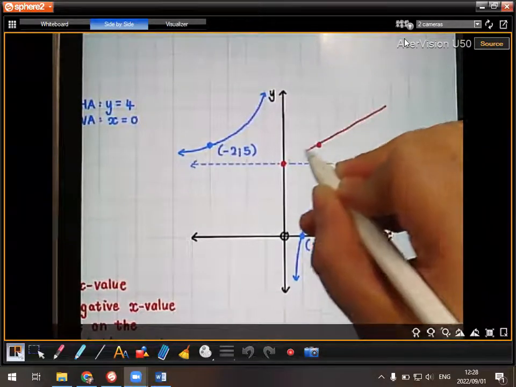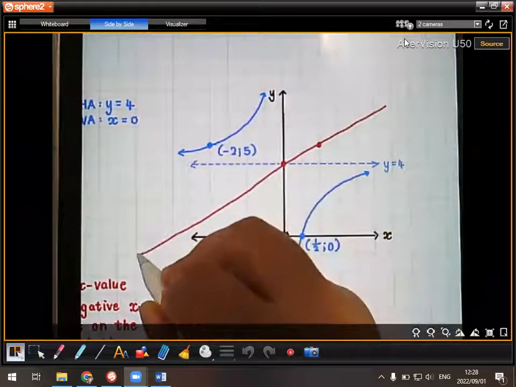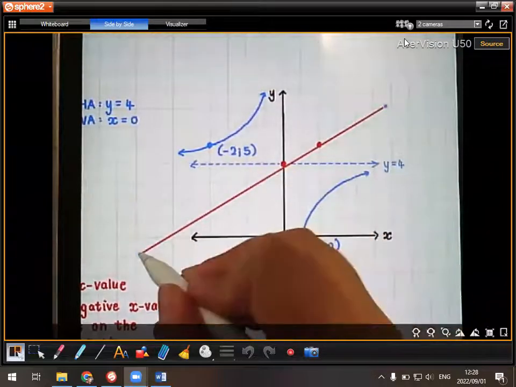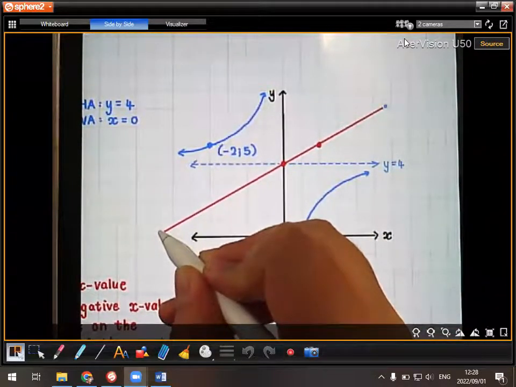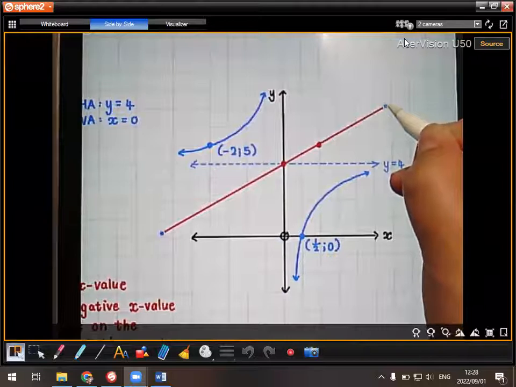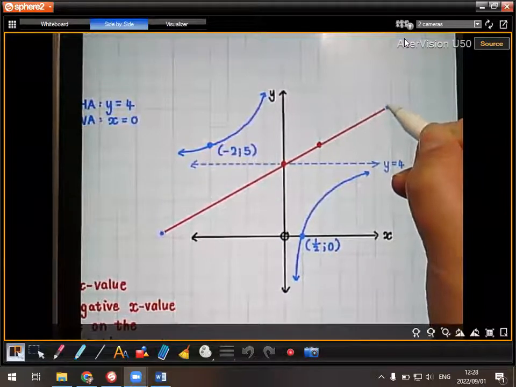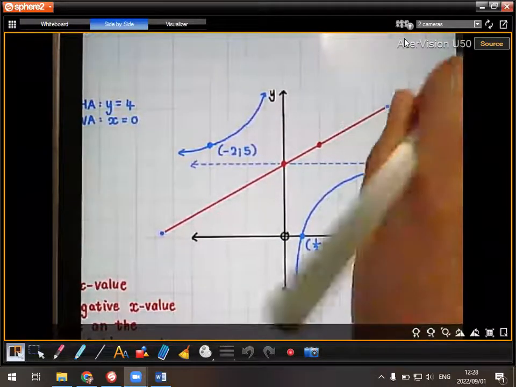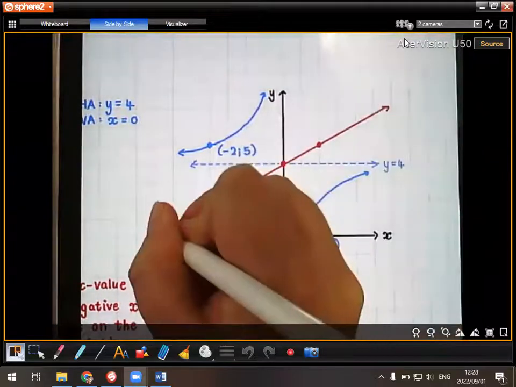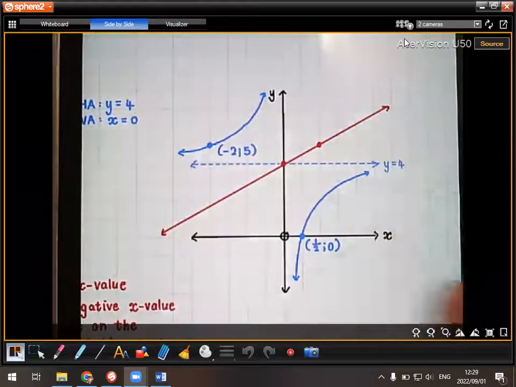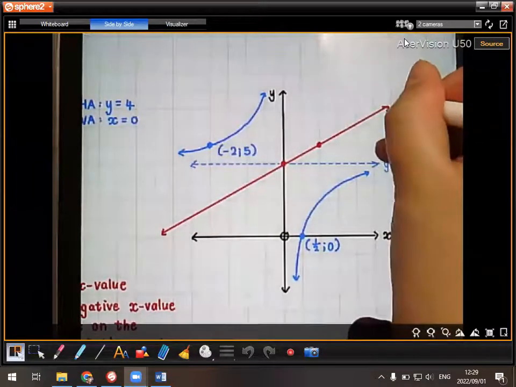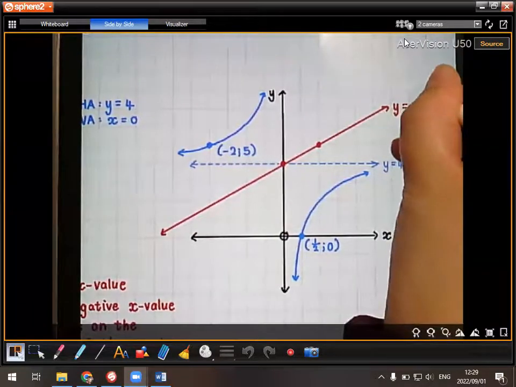And now you must join them, guys. It doesn't look like it's to scale anyway. It's also often that we draw these as dotted lines, but it doesn't really matter. And guys, the nice thing is you don't have to label any points on the axis of symmetry.